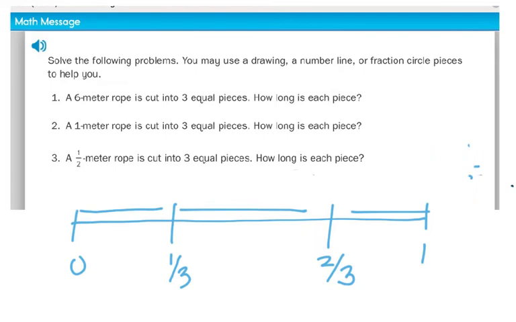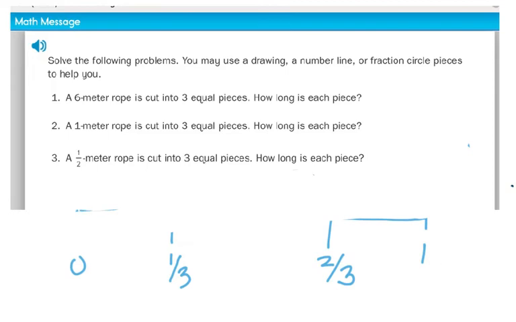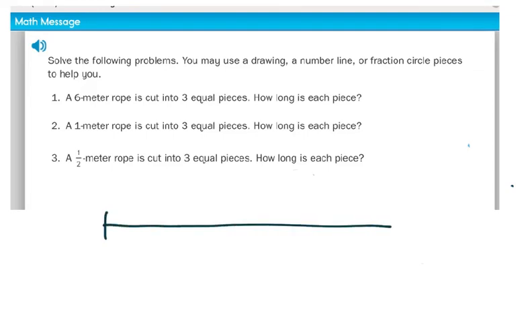And lastly, a 1/2 meter rope is cut into 3 equal pieces. How long is each piece? I'm going to begin by drawing a number line. Here's 0 meters. Here's a 1/2 meter. We're going to cut it into 3 equal pieces.